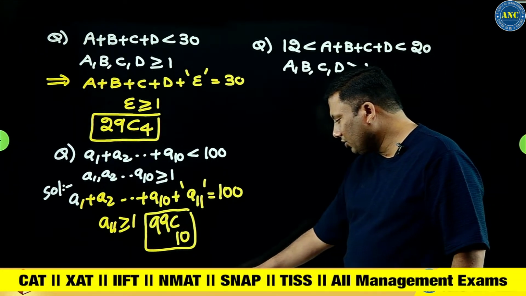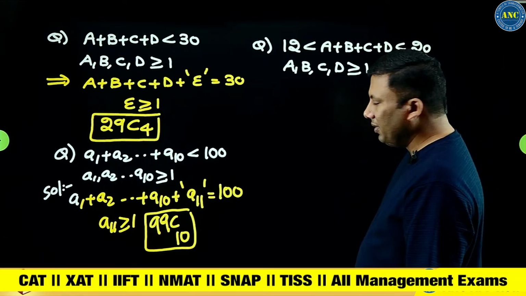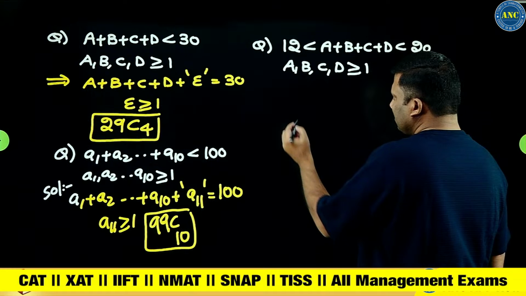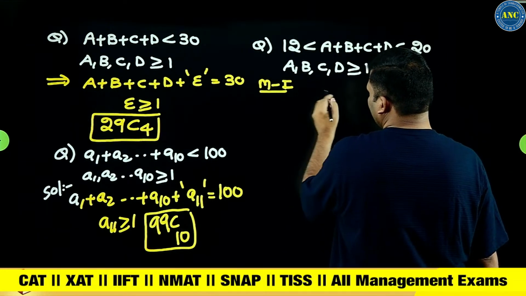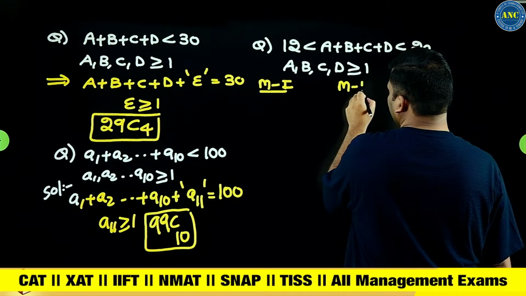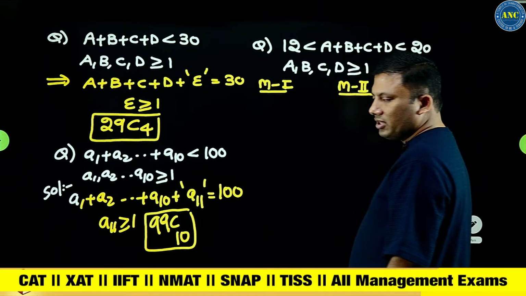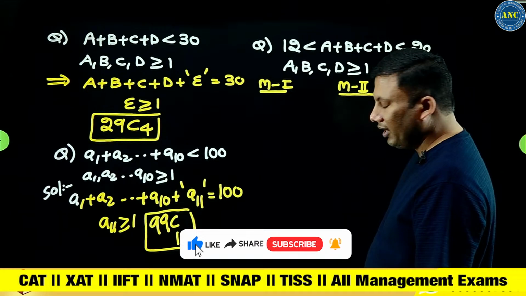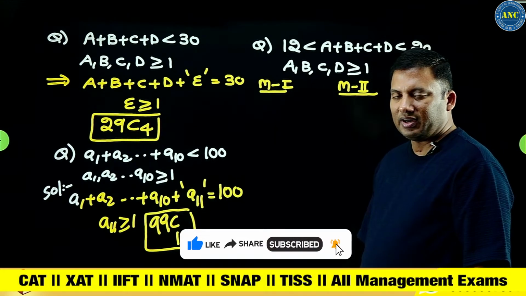How many values will they take? Two methods I will solve: method 1 and method 2. 12 less than A plus B plus C plus D less than 20.